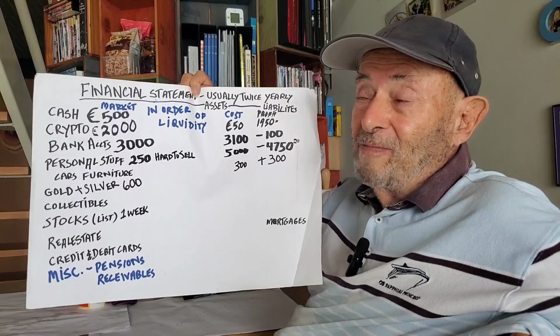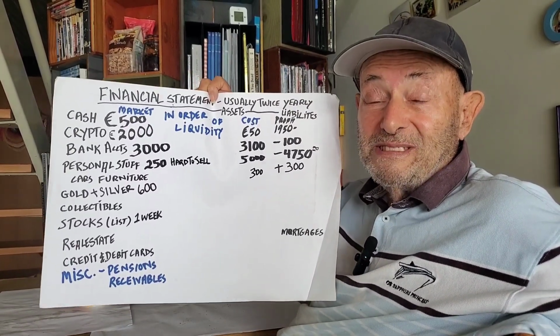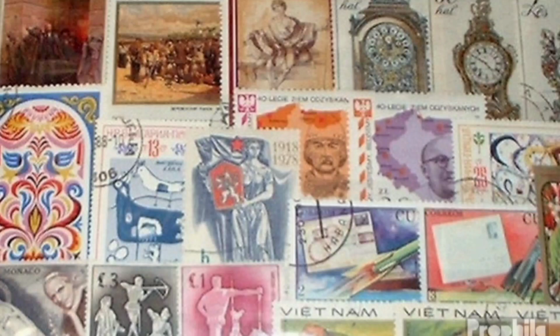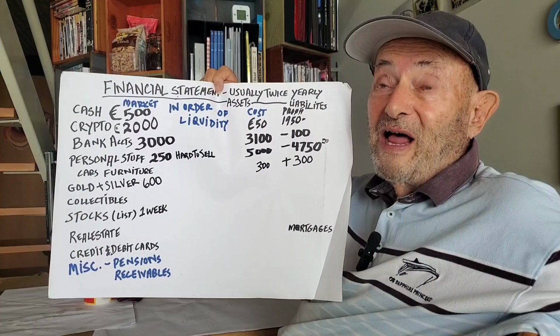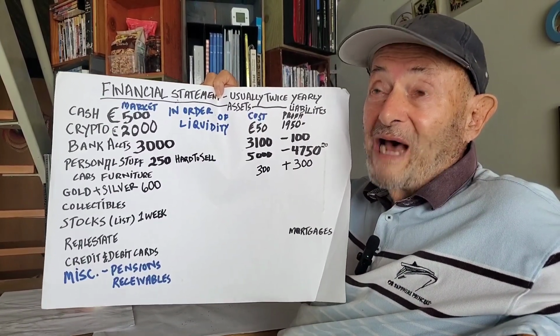Next, I talk about collectibles. Well, what's a collectible? People years ago collected stamps. And now, since people don't use stamps, they're on the internet and use Gmail, the stamp collections have gone way, way down in value. There's still a few valuable stamps around, but even they have gone down in value.